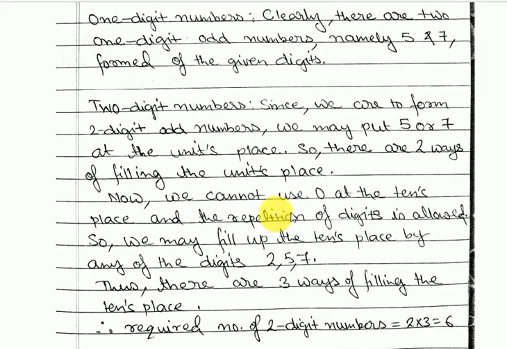We cannot use 0 at the tens place, and repetition of digits is allowed. So we may fill up the tens place by any of the digits 2, 5, 7, because here repetition is allowed. For the units place I am forced to use 5 or 7 only because I need odd numbers, so for the units place I have only two options. For the tens place I cannot use 0, because again the resulting number will become a single digit.